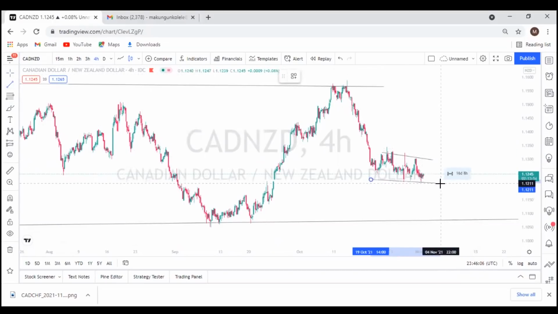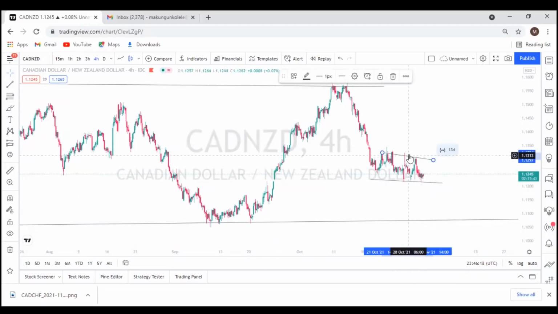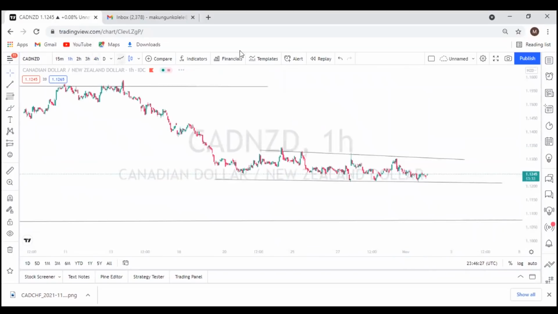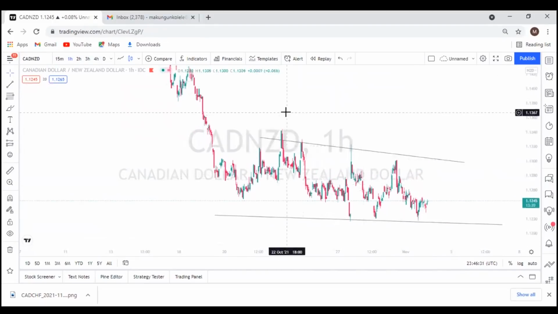So we have our continuation there, or our correction. So with this spotted out, we can try to identify the 1, 2, 3 touch structure. To do that, we should scale it down to the 1-hour time frame.